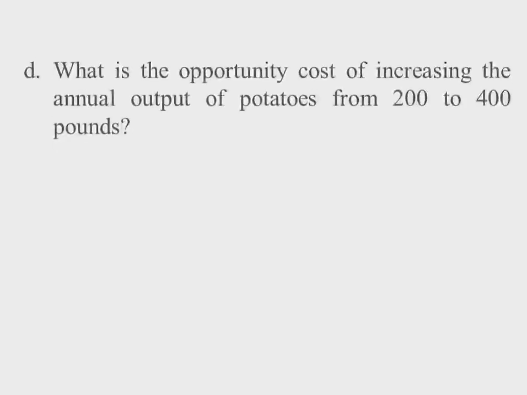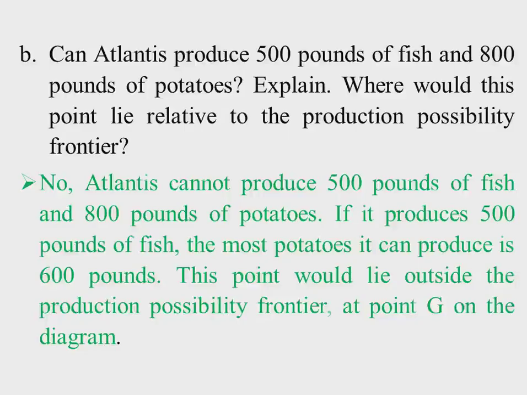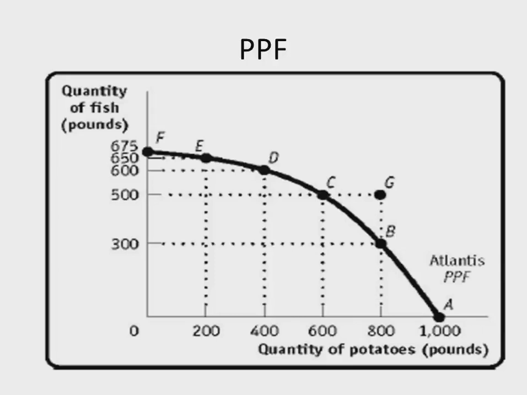Okay, we are asked again here, what is the opportunity cost of increasing the annual output of potatoes from 200 to 400 pounds? So we go back to our graph. We are increasing potato production from 200 to 400 pounds.